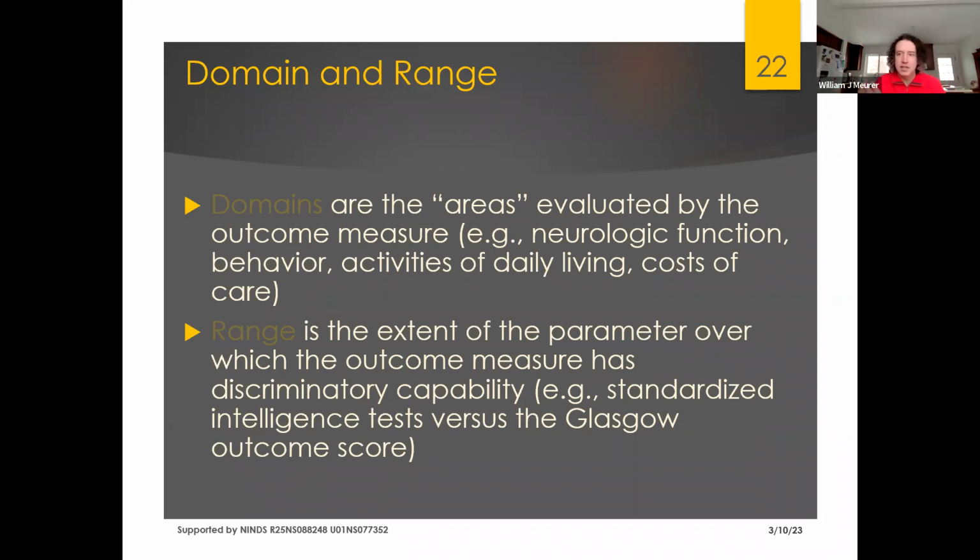Standardized intelligence tests, if they have a mean in the population of 100 and a standard deviation of 10, you get a sense as to a difference of 1 point may not be very meaningful. However, the Glasgow outcome scale, where patients who are severely disabled have a different score than patients who are perfectly well, 1 point on that scale has a much bigger meaning.